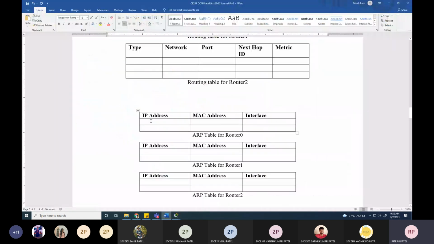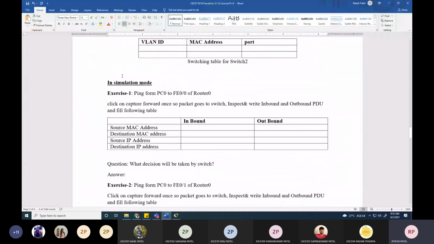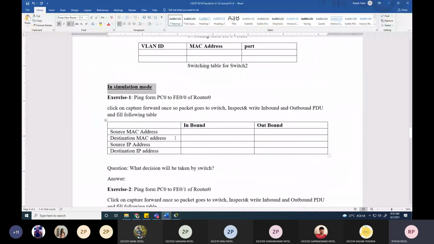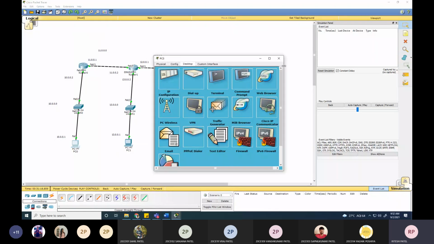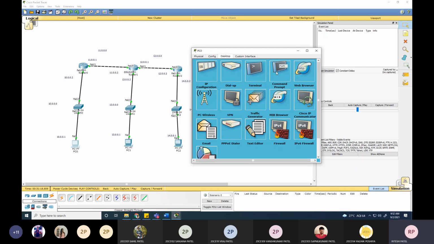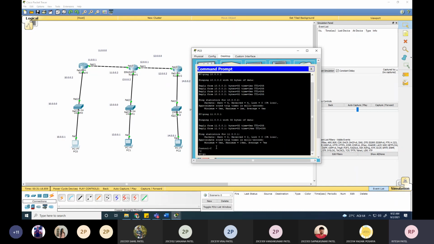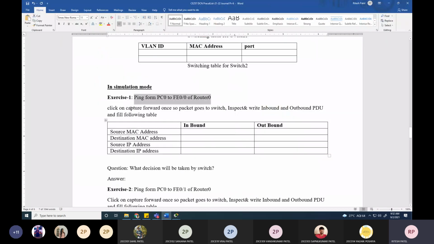Don't save. Now in simulation mode, everything we have to do is in simulation mode. Ping from PC0 to FE0/0 of router 0. So write a ping command over here. I request all of you, please do not select a packet. Click on PC0, go to the command prompt and ping. What is the first exercise?